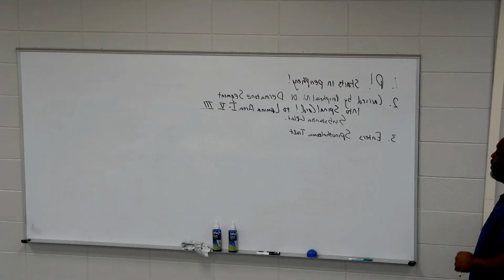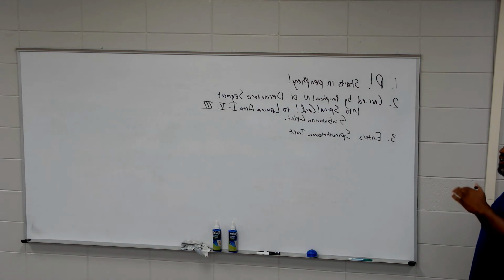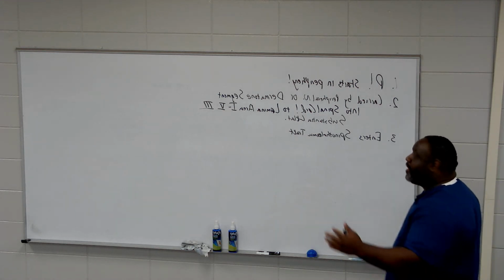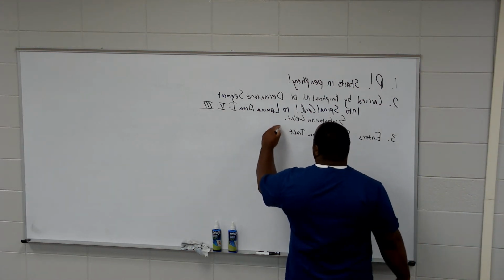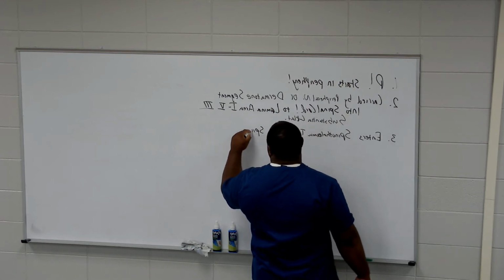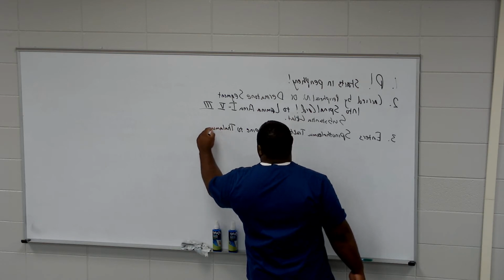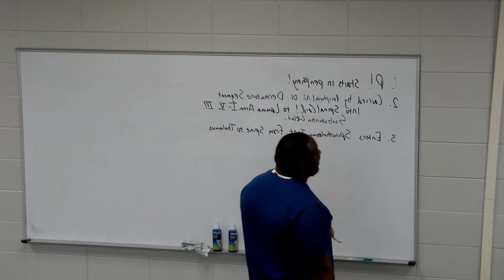I pray they're okay. So it enters the spinothalamic tract, where the information is taken from the spine up to where? Good. From spine to the thalamus. Very good. From the spine to the thalamus.